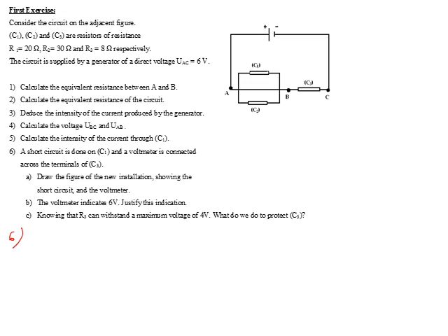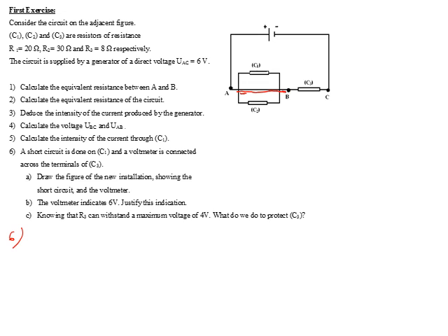Number 6. A short circuit is done on C1 and a voltmeter is connected across the terminals of C3. Draw the figure of the new installation showing the short circuit and the voltmeter.